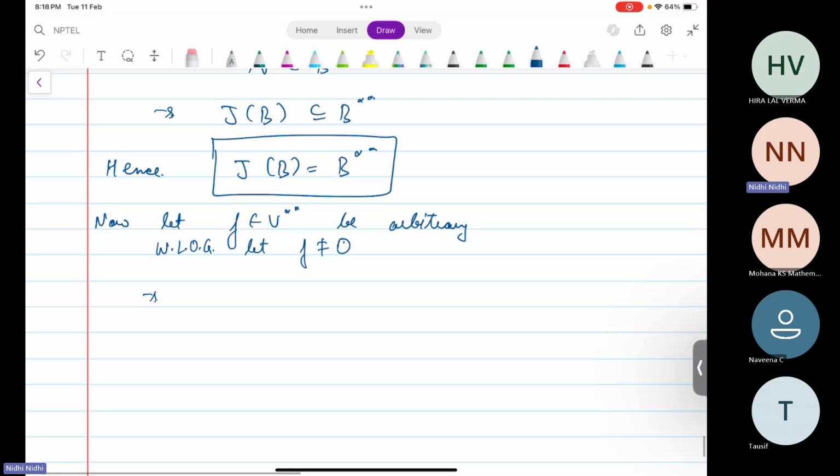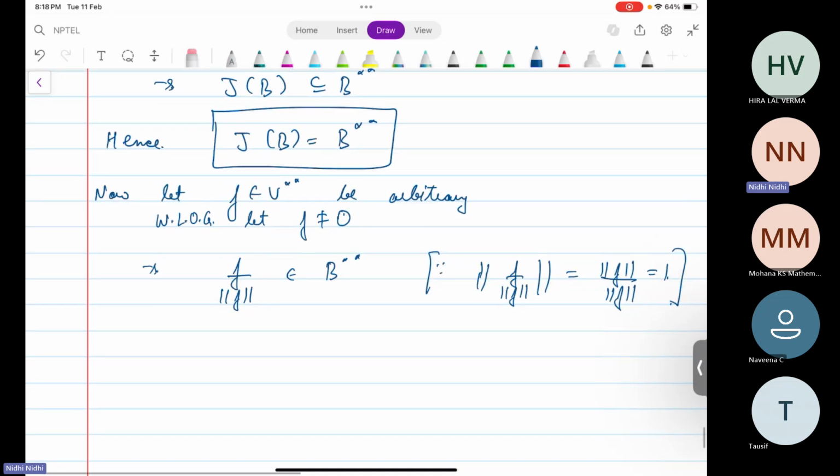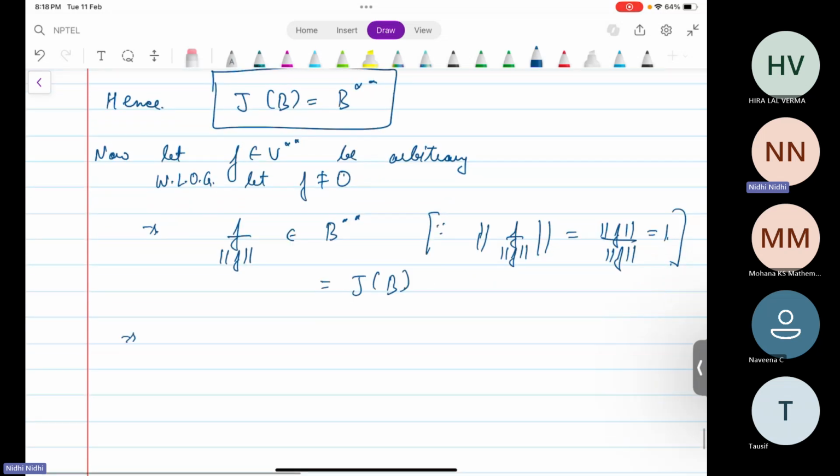This implies F by norm F belongs to B star star, clearly because its norm is equal to 1, so this belongs to B star star, which is equal to JB. This implies there exists some V in B such that F by norm F is equal to JV.